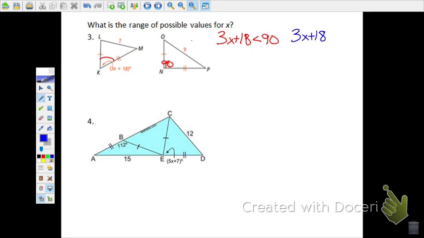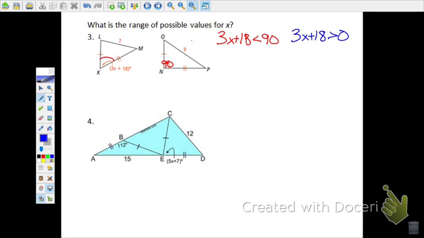Because we're talking about an angle measure, this 3x plus 18 has to be greater than 0. It can't be 0, it can't be a negative, because we're talking about an angle. Now we're going to have to solve each of those.